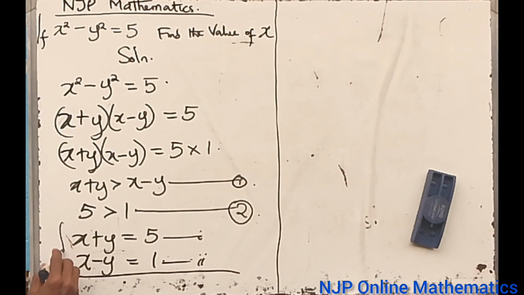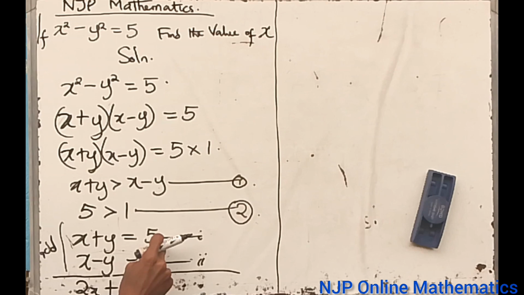If we add both sides of the equation, x plus x becomes 2x, and y minus y becomes 0, equals 5 plus 1.